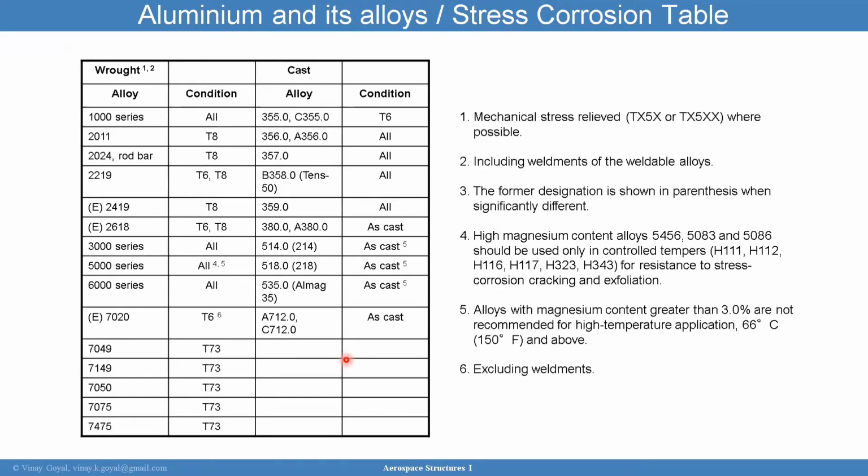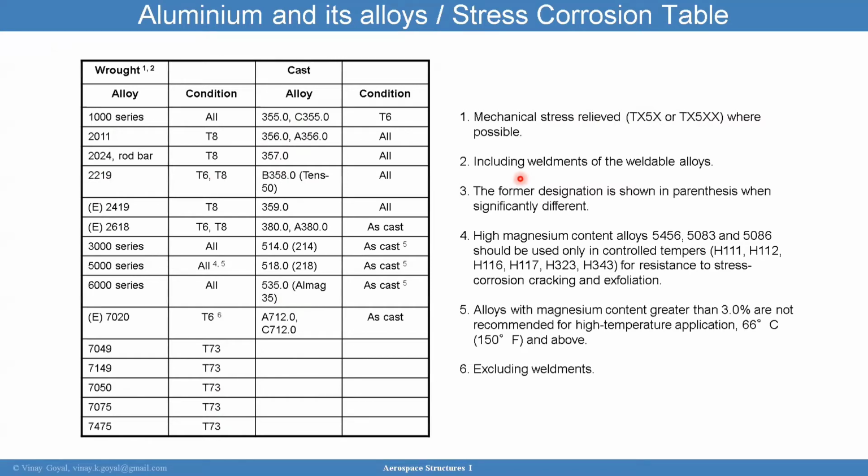And here, what I'm showing you is the stress corrosion table. It shows you a list of aluminum alloys, the heat treat condition, and basically, bottom line, mechanical stress relieved for these tempers whenever possible. Make sure you're looking at the weldment effects.